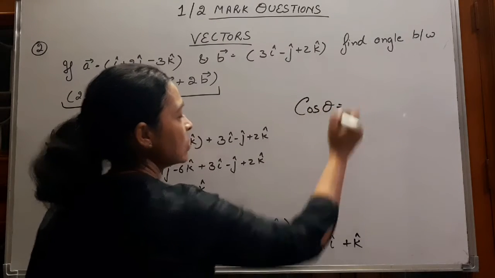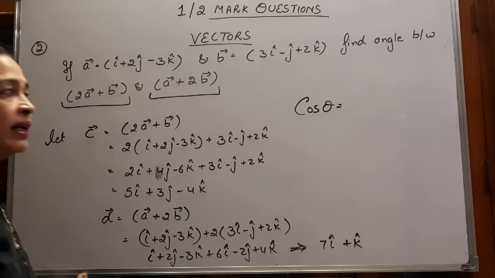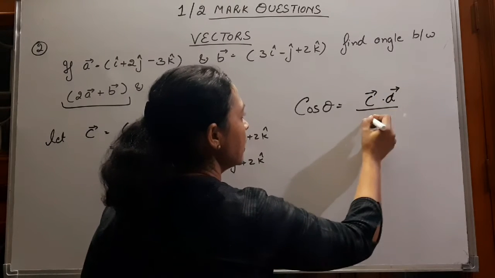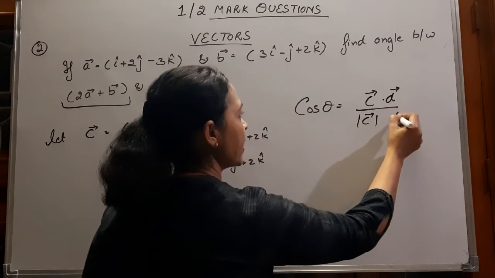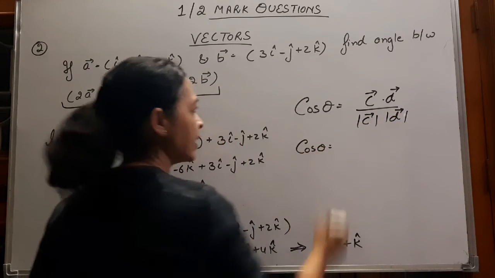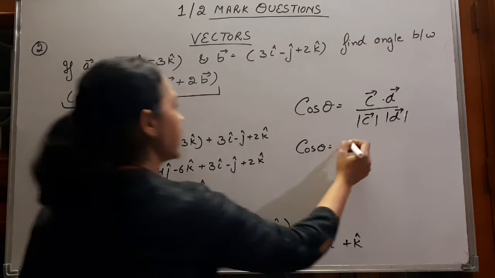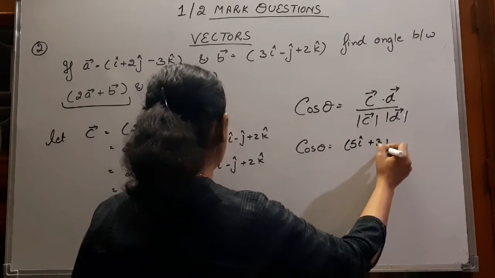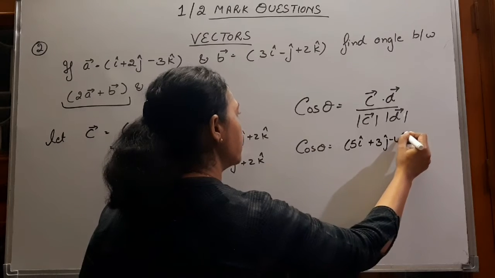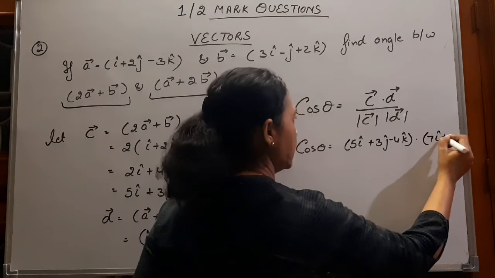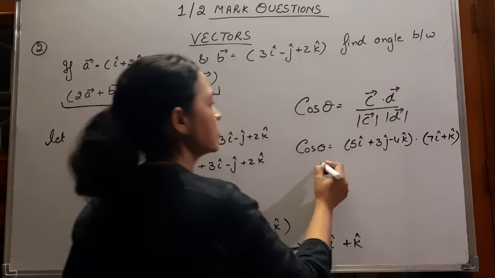We have cos theta equals, for the angle between vector C and vector D, vector C dot vector D upon magnitude of vector C into magnitude of vector D. Cos theta is vector C dot vector D. Vector C is 5i cap plus 3j cap minus 4k cap dot 7i cap plus k cap.